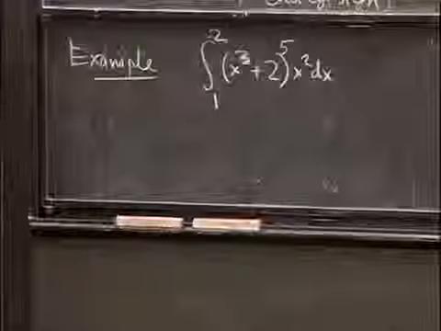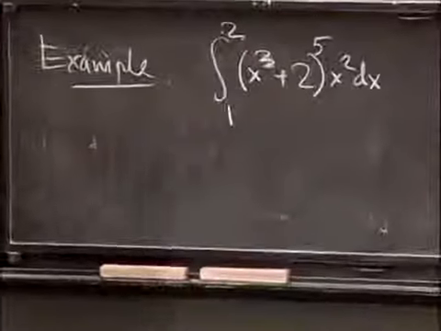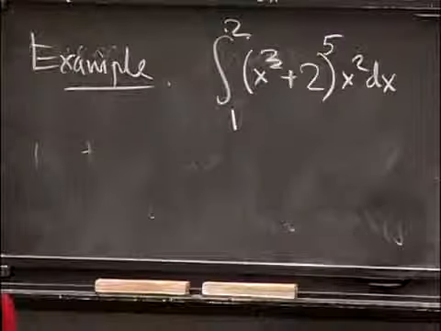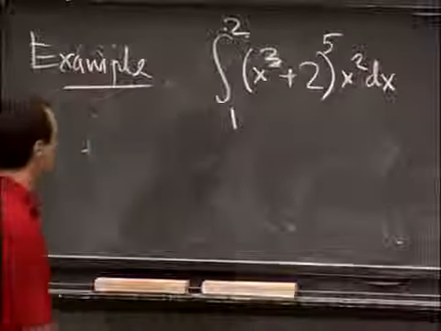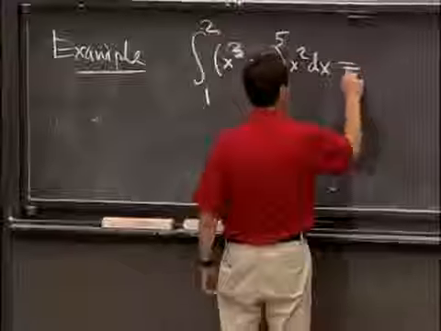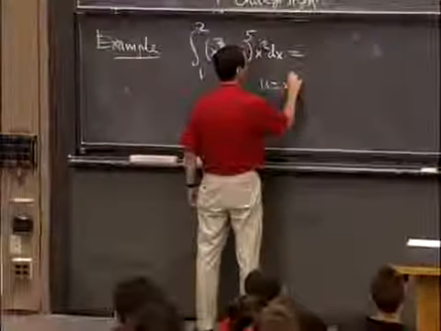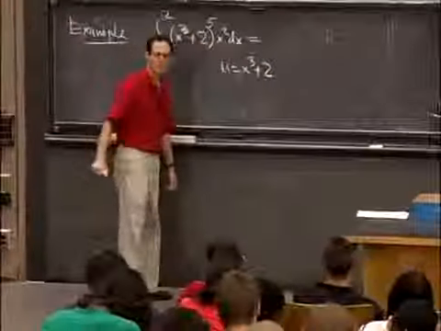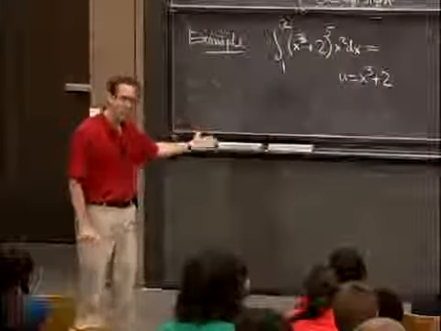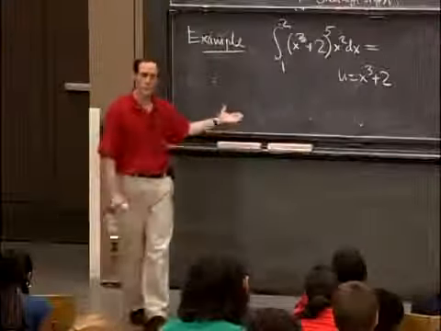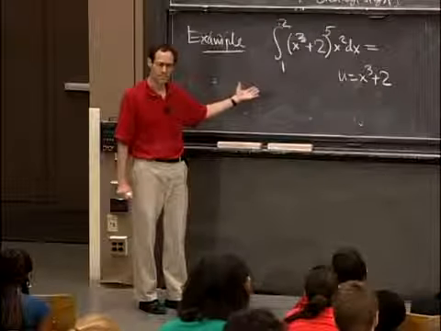All right, so this is an example of an integral that we would have tried to handle by substitution before. And the substitution we would have used is u equals x cubed plus 2. And that's exactly what we're going to do here, but we're just going to also take into account the limits.